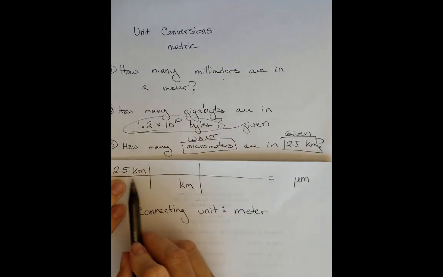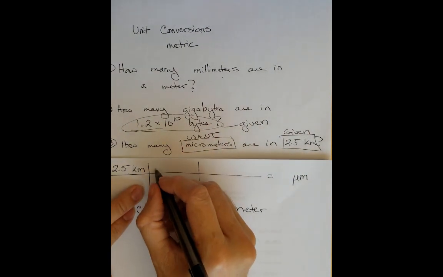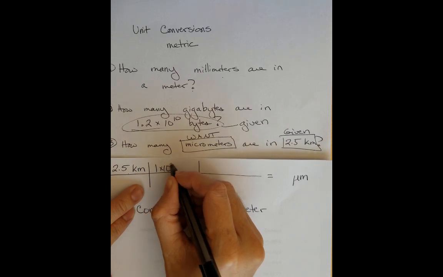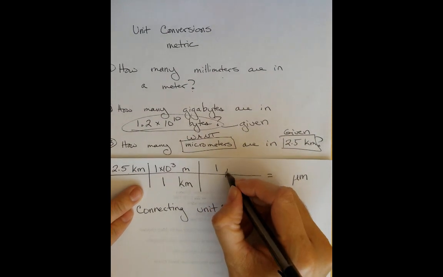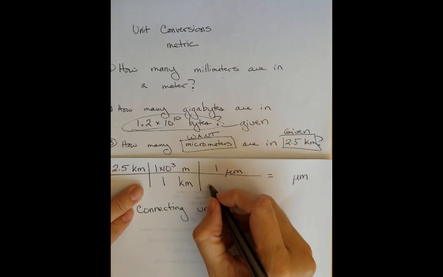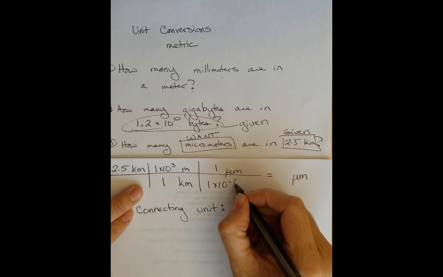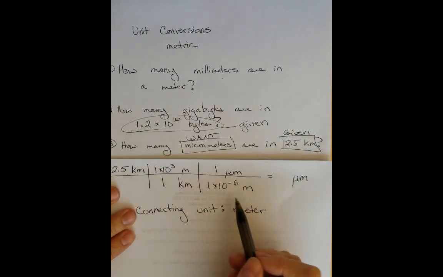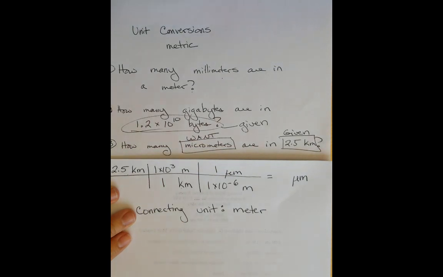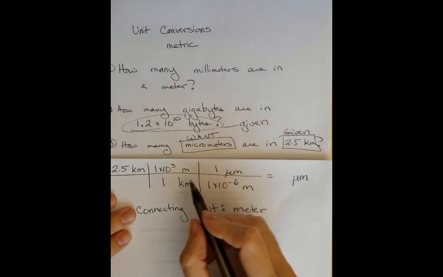So what I'm going to do is say, well, I know that there's 1 times 10 to the positive 3 meters in 1 kilometer. And I also know that to get 1 micrometer, I need 1 times 10 to the negative 6th meters. So again, I'm pulling these ratios from my memory because they won't be on the exam.